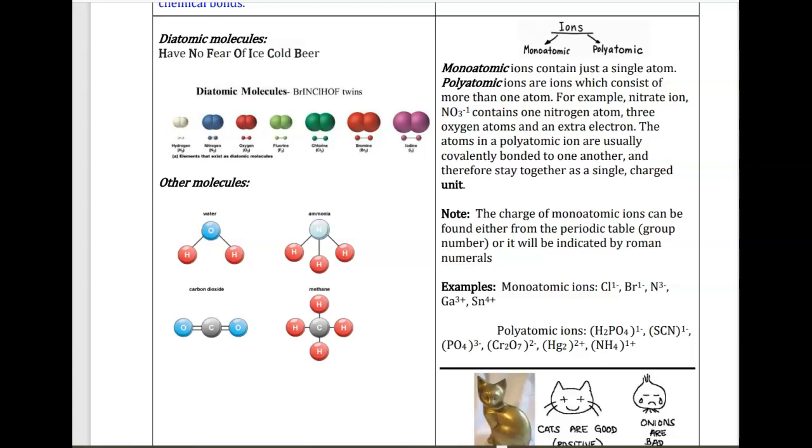It can be compound or it can be elements, and it can have molecular structure or ionic structure. So for some elements, you have to memorize that they exist as diatomic molecules, like hydrogen H2.